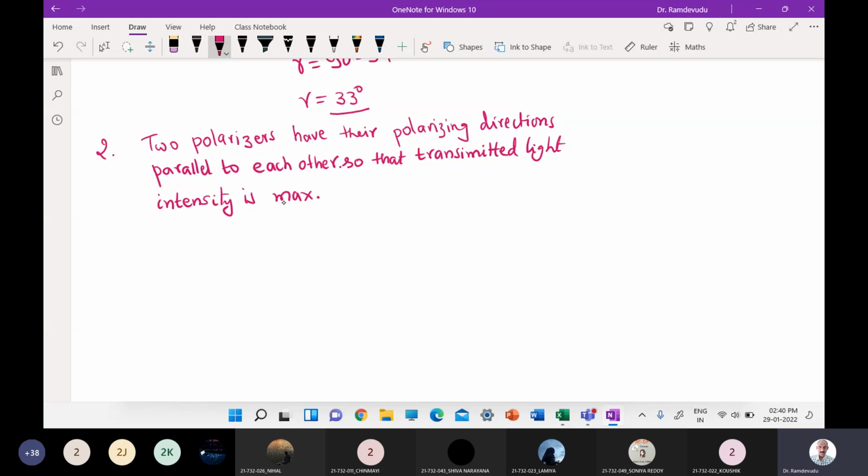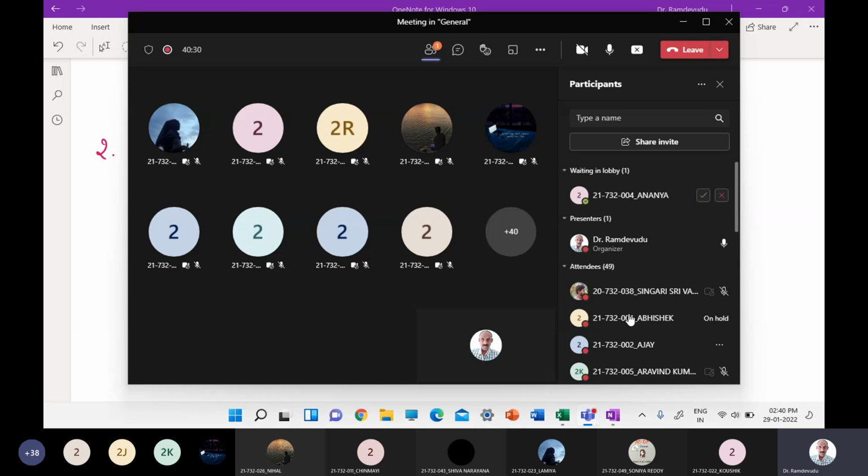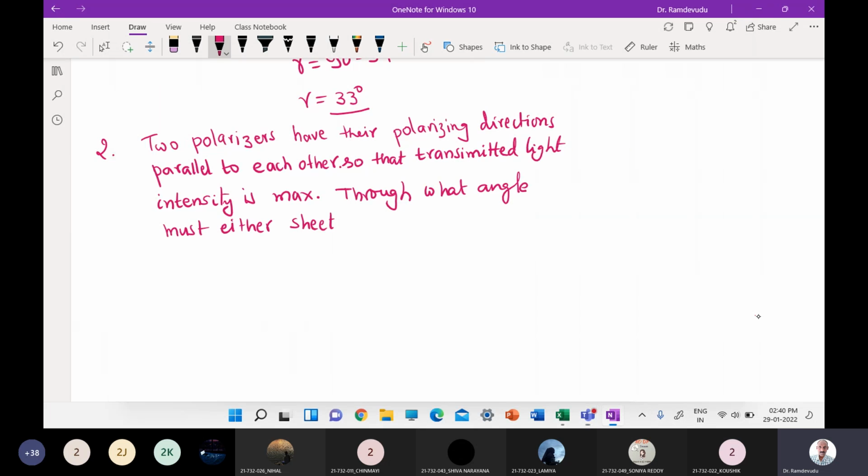What they're asking is: through what angle must either sheet be rotated so that the intensity becomes half of the initial value?